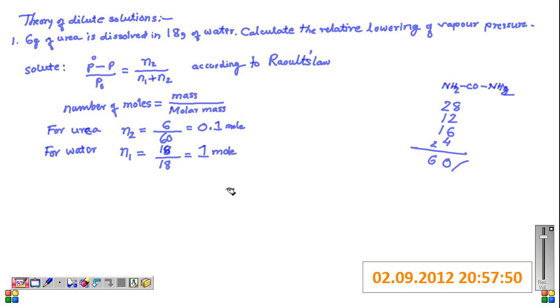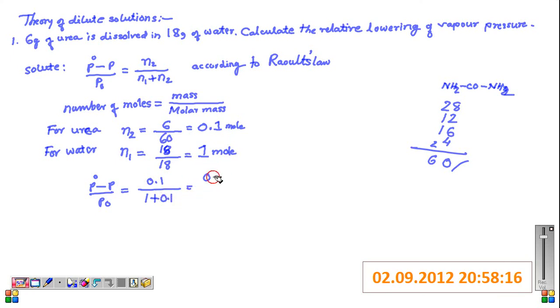Now according to Raoult's law, the relative lowering of vapor pressure, P naught minus P divided by P naught, is equal to N2 divided by N1 plus N2. N2 is 0.1 divided by N1 plus N2, where N1 is 1 plus N2 is 0.1.